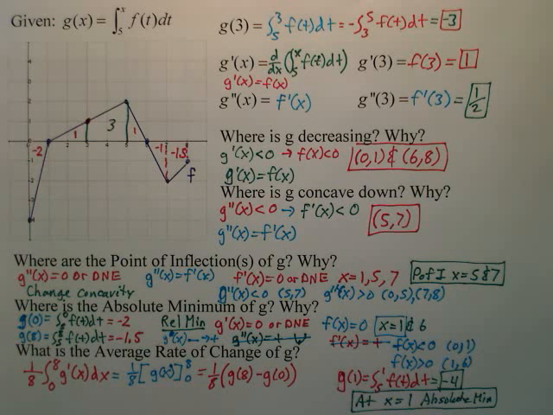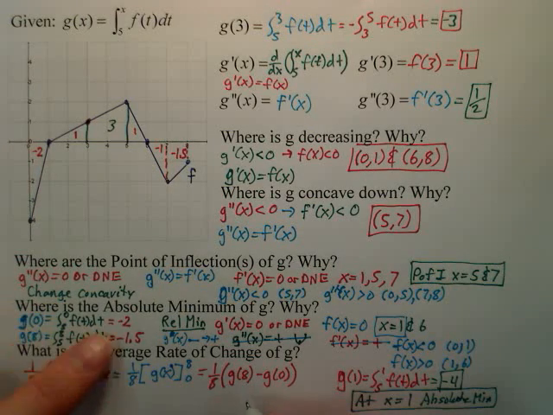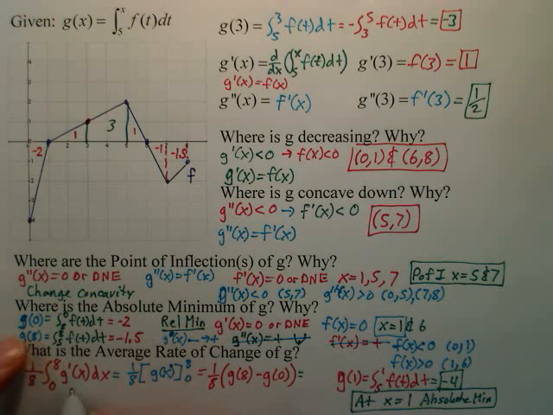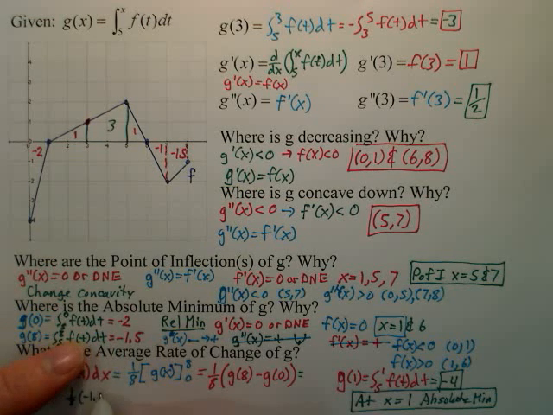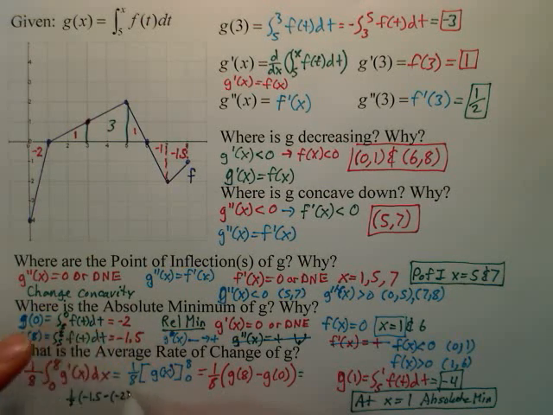Hopefully that's reasonable. G of 8 and g of 0 are right here in my function. So I have 1 over 8 times g of 8, which is negative 1.5, minus g of 0, which is negative 2.